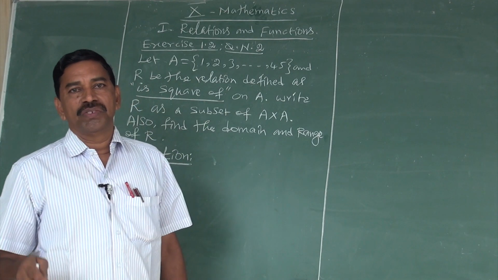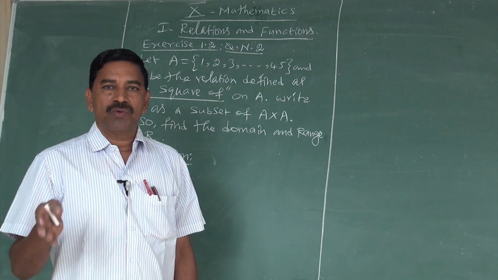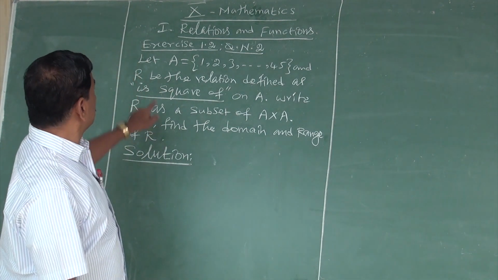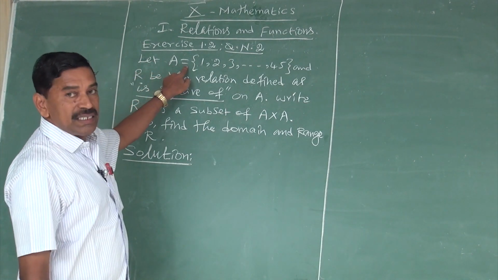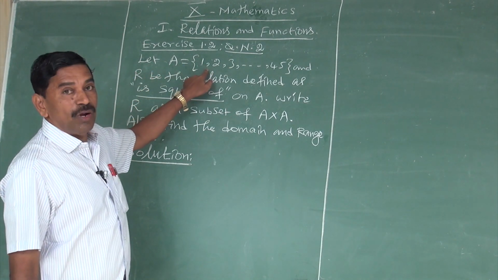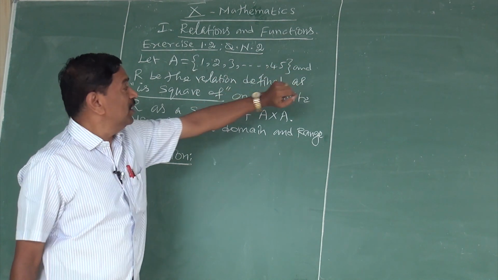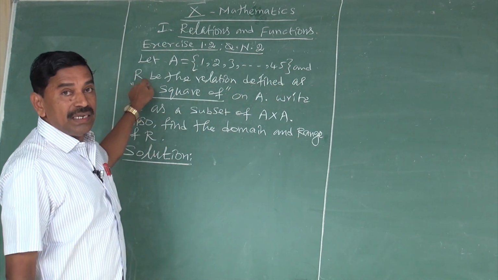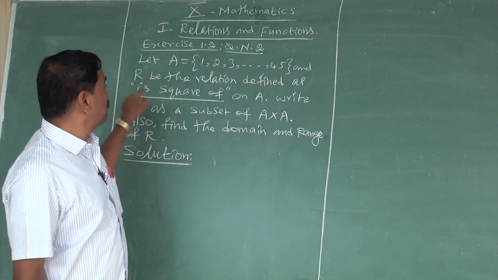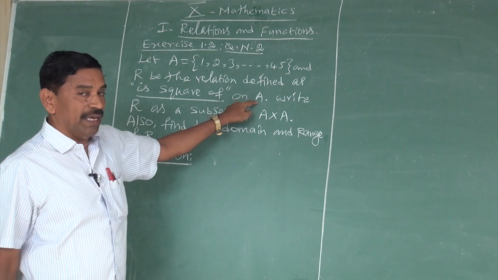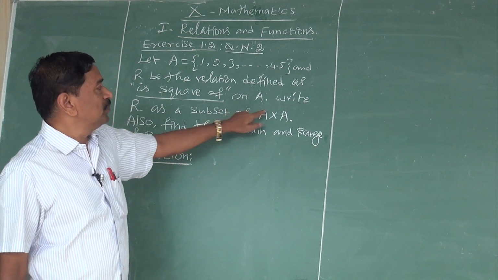Today the first question is in Exercise 1.2, second question, page number 9. The question is: let A be a set which has the elements 1, 2, 3, 4, 5, and R be the relation defined as 'is square of' on A. Here 'on A' is important.